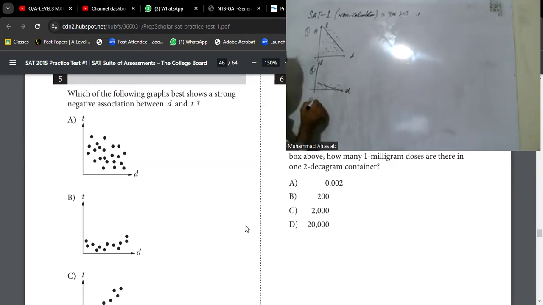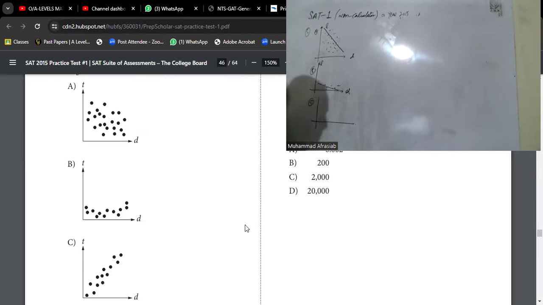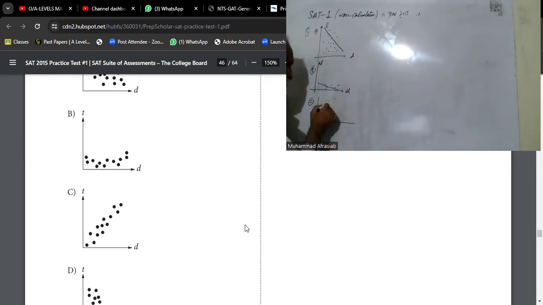And the C part is like this. It is showing positive association for this.